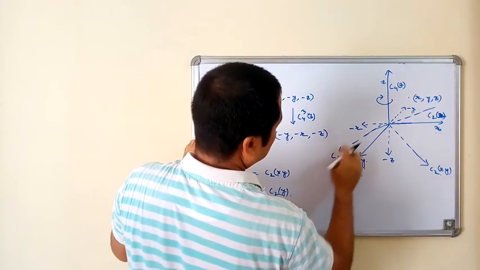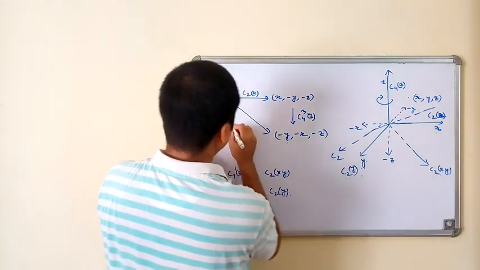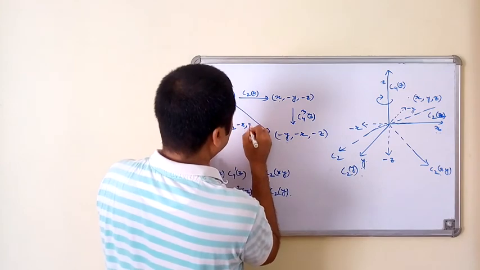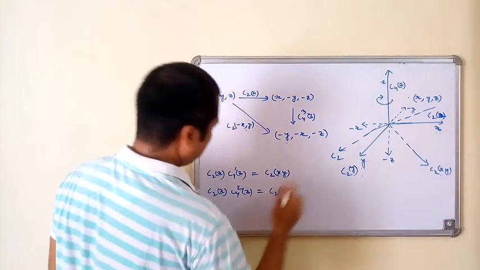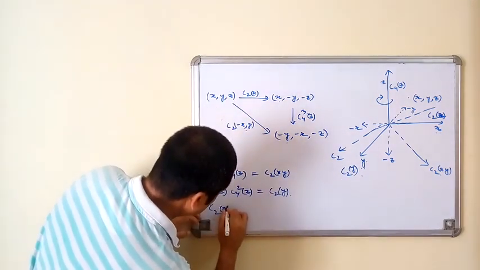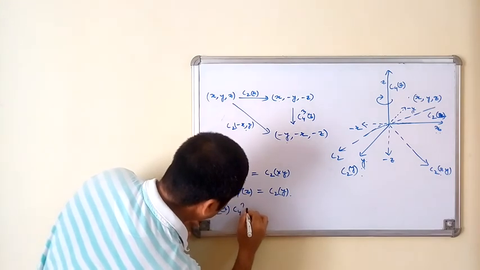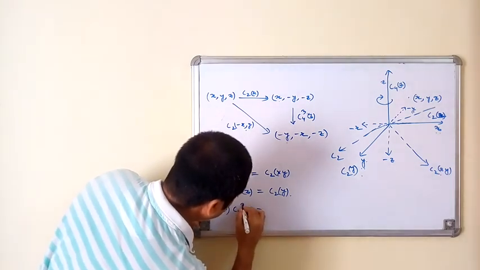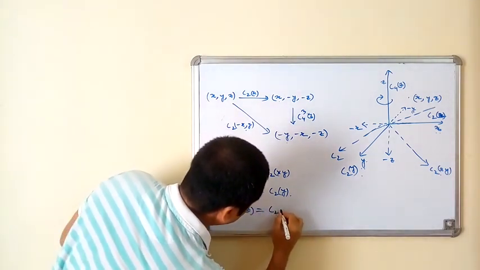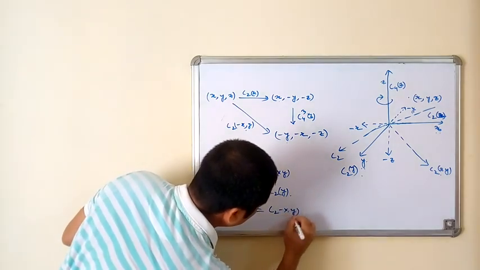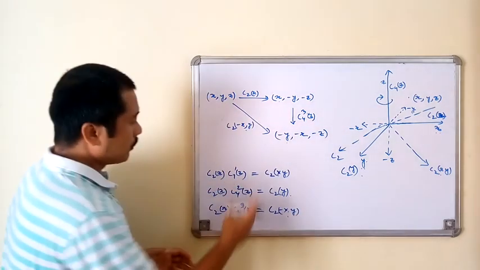So this is the C2 minus xy axis actually. So C4^3 will be equal to C2 minus xy. So this is what we have seen over here.